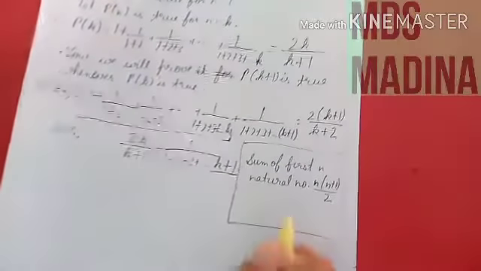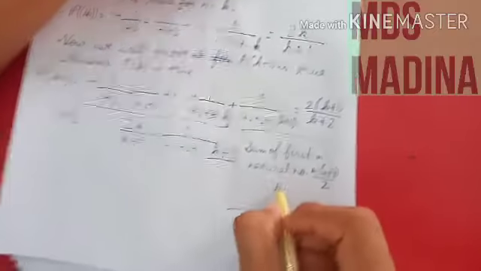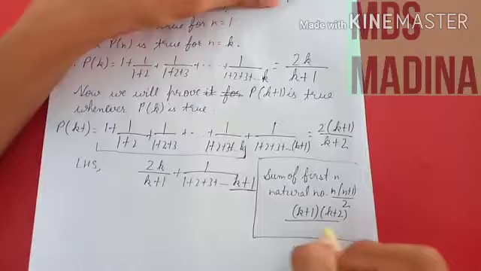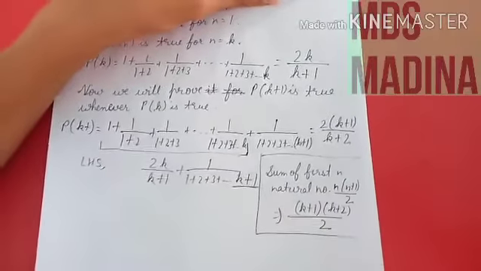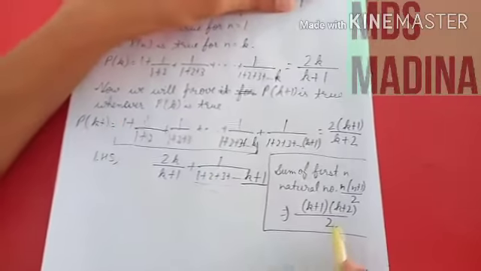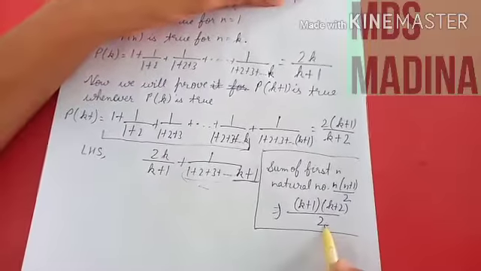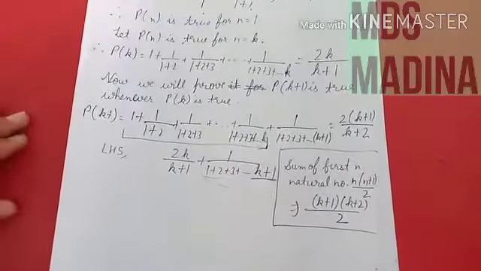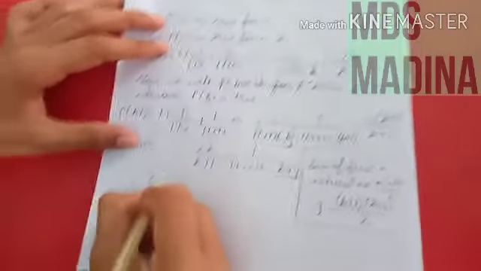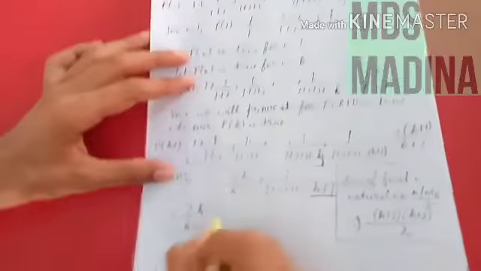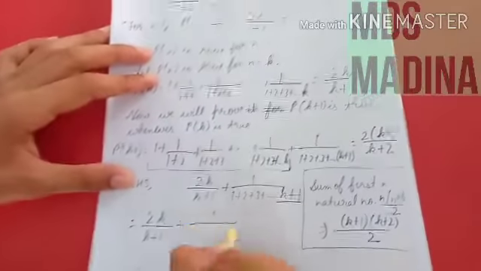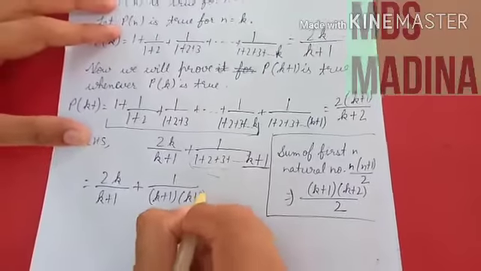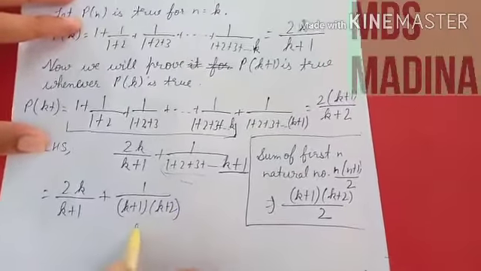So we'll replace n by this. So what we will get? k plus 1 into k plus 2 by 2. So that means sum of all these will be this. So we are going to replace this by this. So what we will get? 2k by k plus 1 plus, here we will write 1 by k plus 1 into k plus 2 divided by 2.